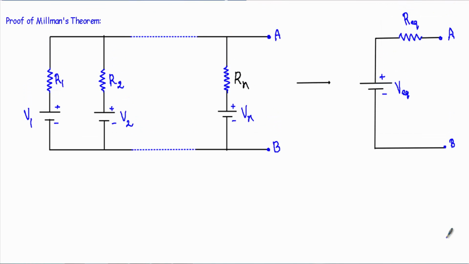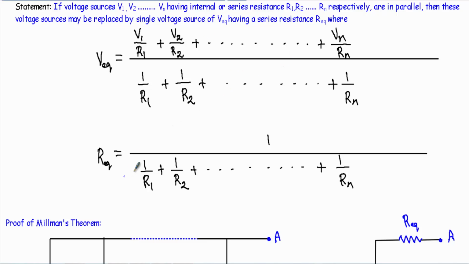Okay, now let me prove Millman's theorem. Millman theorem states that if I have a voltage source V1 in series with resistance R1, the voltage source V2 in series with resistance R2, just like this, voltage source Vn in series with resistance Rn, and all the combinations of voltage and series resistances are connected in parallel, then we can reduce this entire network to a single voltage source V equivalent in series with a resistance R equivalent with respect to the A and B terminal, where V equivalent will be equal to this and R equivalent will be this.